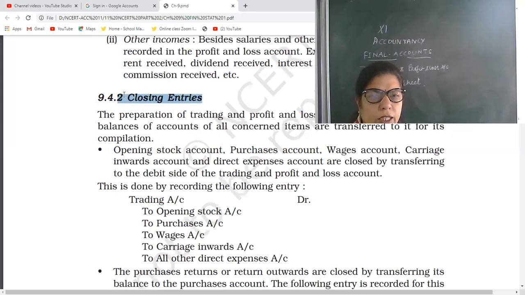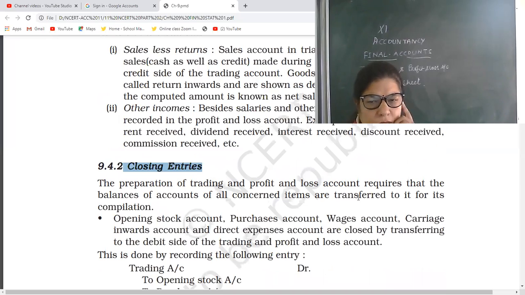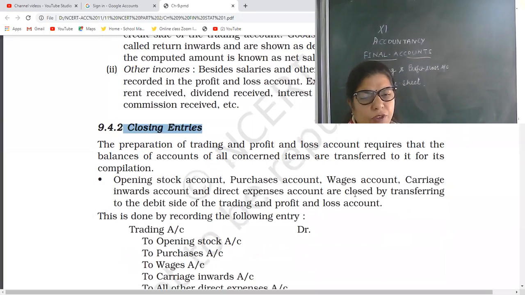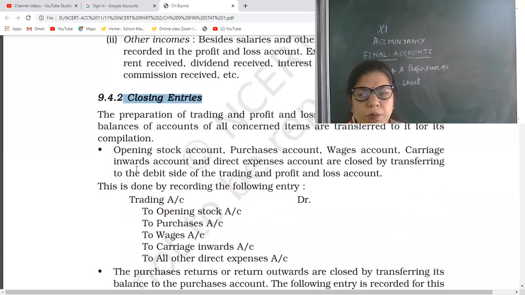Closing entries means balances are transferred at the end of the financial year. And first entry for transfer of opening stock, purchase, wages, carriage inward, other direct expenses. So first entry is trading account debit to opening stock, to purchase, to wages, to carriage inward, to other direct expenses.